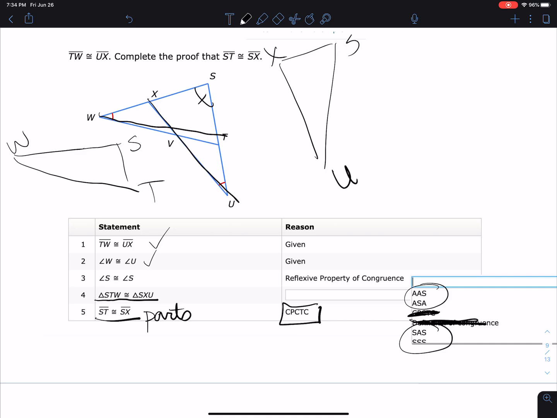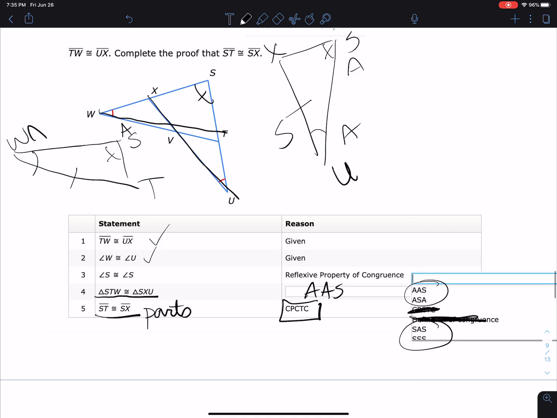WST. So you could actually mark it here. So TW is congruent to UX. So I'm actually going through it all again. Angle W is congruent to angle U. And angle S is congruent to itself, angle S. So how do we know these are congruent? It's going angle, angle, side. So it would be AAS. Angle, angle, side.